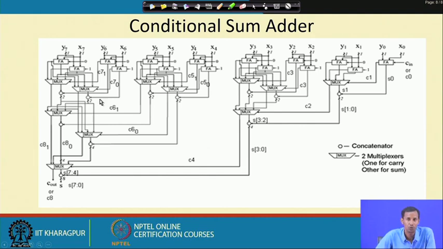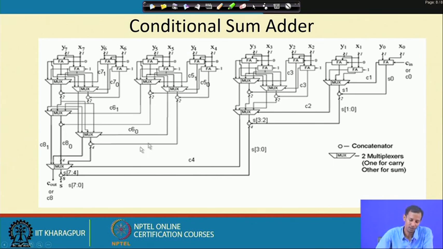How we are concluding which one will be selected: if you go back and do the reverse computation, you will see that the adjacent stage affects the next stage, and the previous-to-previous stage carry also affects the current stage's sum and carry computation.